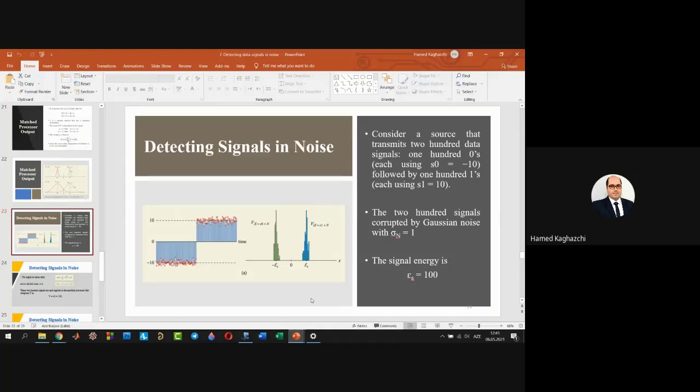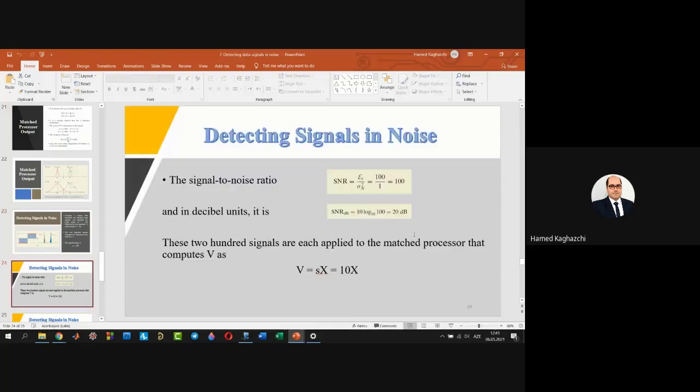Now, if my standard deviation is 1, first of all, I have to calculate the SNR, signal to noise ratio. Signal to noise ratio says the energy of the signal divided by the variance of the noise.